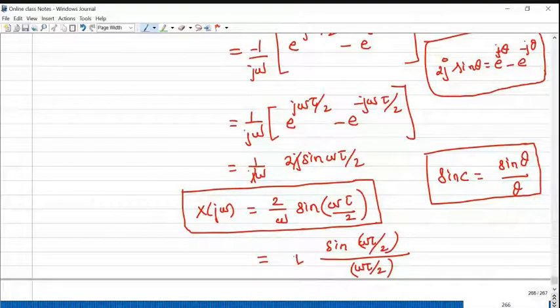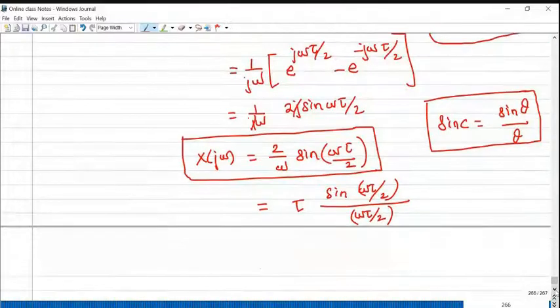So multiply tau in the numerator and denominator. Now both equations are correct, right? This equation is same as this equation, because tau will be cancelled and the 2 will come on top, so 2 by omega sin omega tau by 2. Why am I modifying this? To write the result in terms of the sinc function.